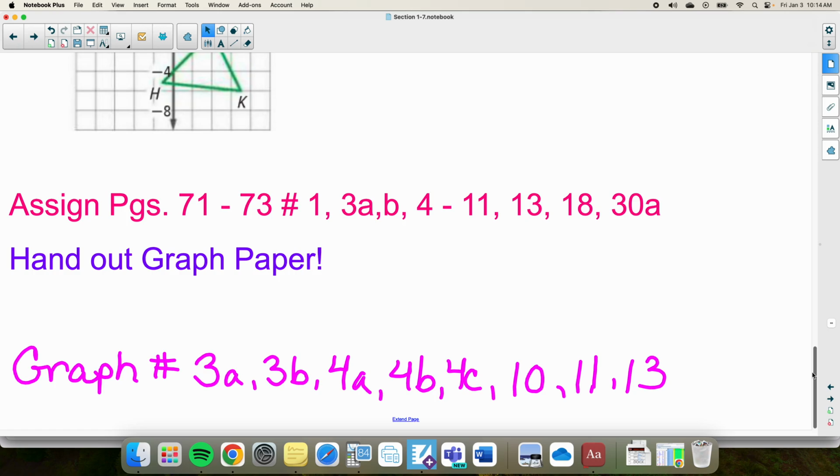And so everybody, when you turn it in, should have 8 graphs. And the graph paper I give you has 4 graphs on each side. So every graph should have a figure on it, okay? So I will grab graph paper for you all.